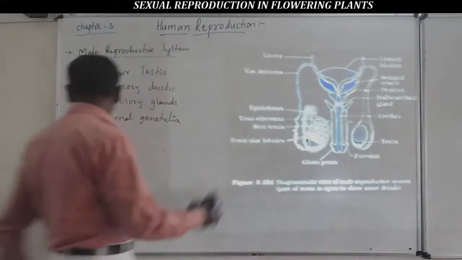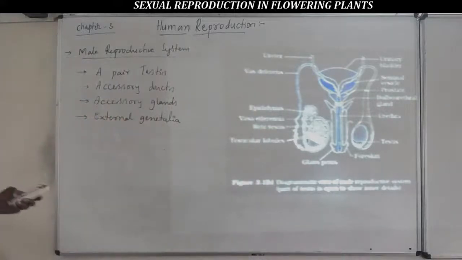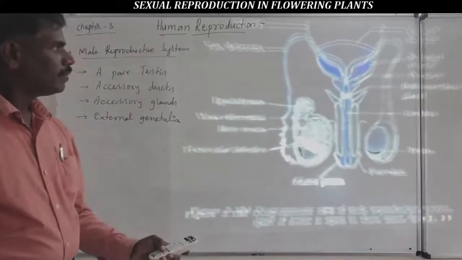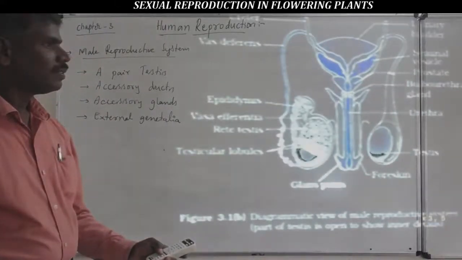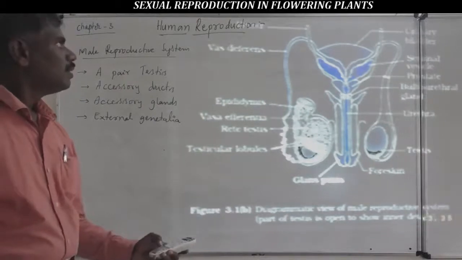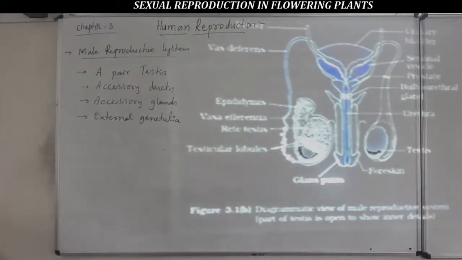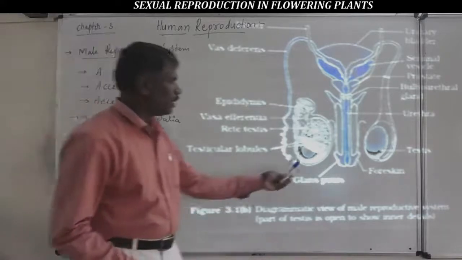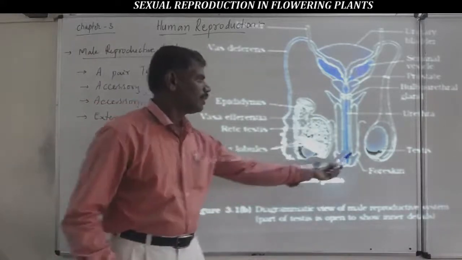So it is a male reproductive system diagram, which consists of a pair of testes.